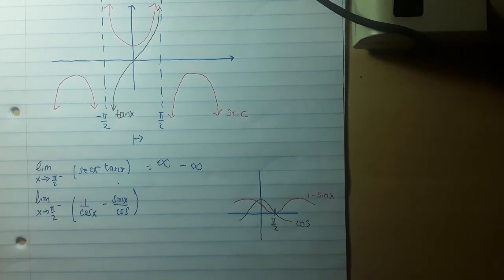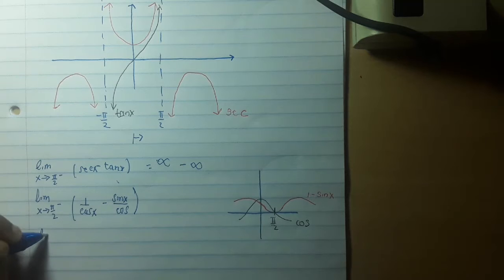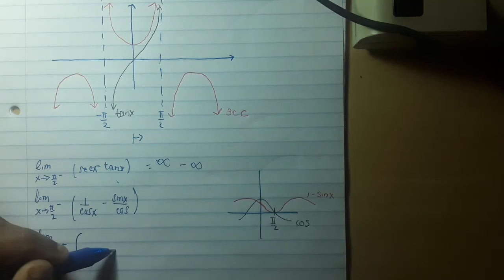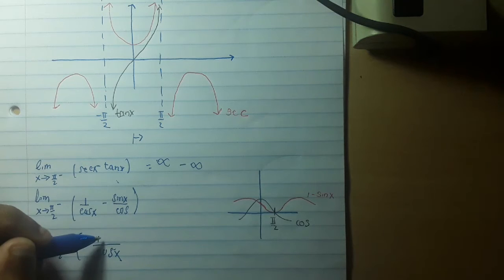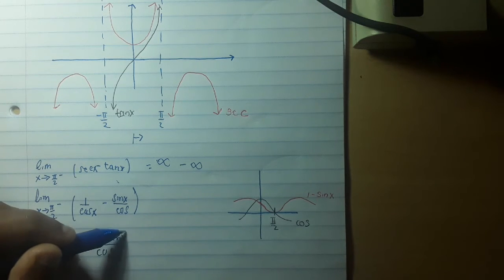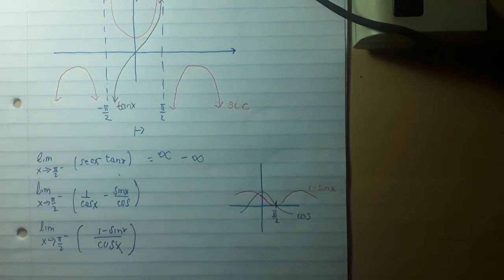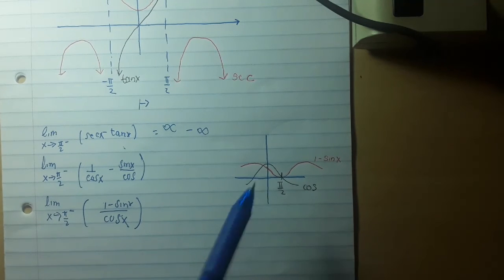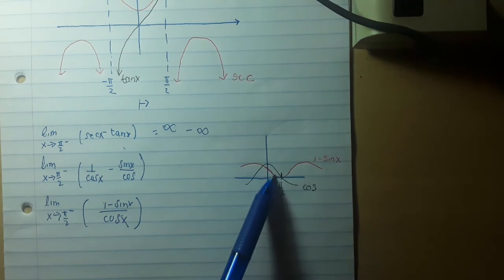If we simplify this again, we have the limit as x approaches pi over 2 from the left of (1 minus sin x) over cos x. As usual, I had drawn the graph of 1 minus sin x.